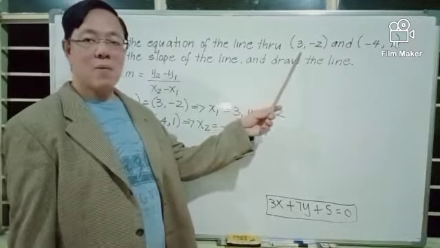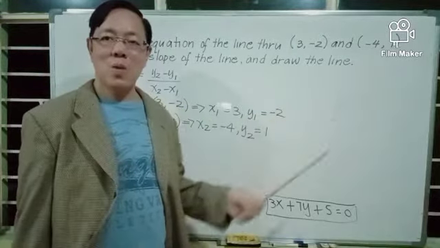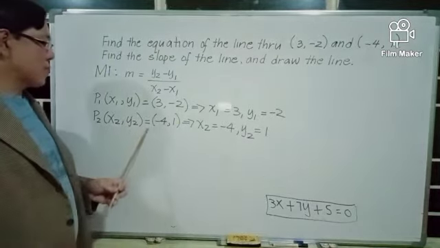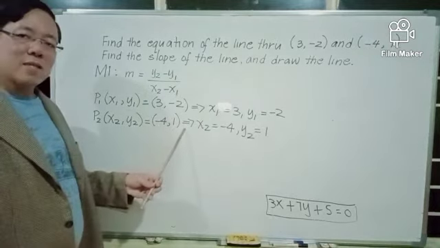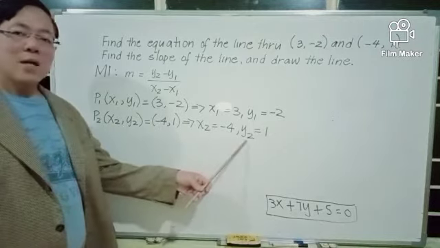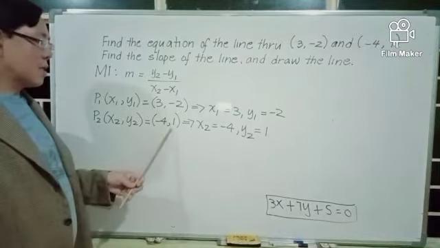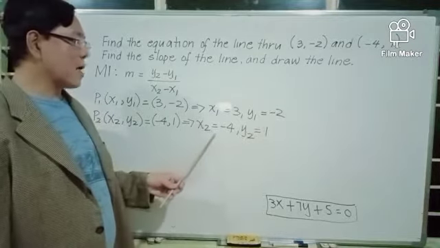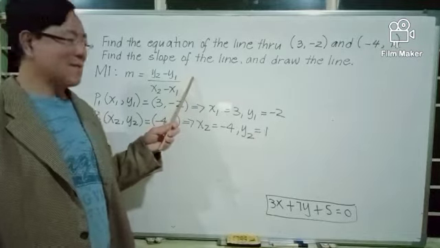If this is our first point, then the second point, negative 4, 1, is our point P2 with coordinates x2, y2, which is equal to the point negative 4, 1, which implies that x2 equals negative 4, and the ordinate y2 of the second point P2 is equal to 1. We now substitute these values of x and y into the formula for slope m of a line.